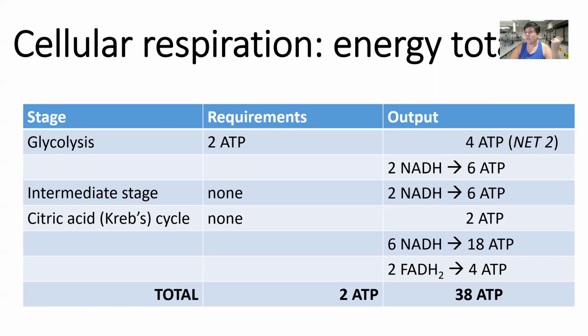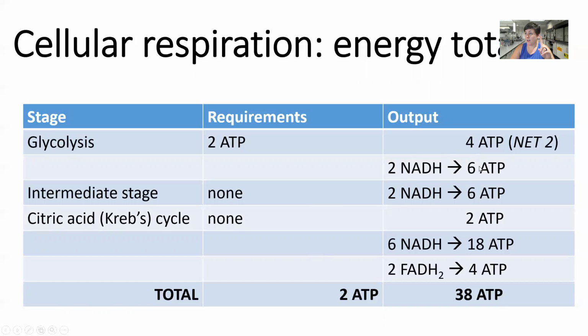During glycolysis, we also break 2 bonds, release 2 electrons, and therefore generate 2 NADH. Because every 1 NADH will pump 3 hydrogens across a membrane, and every 1 hydrogen equals 1 ATP, we can calculate that if we get 2 NADH, we're going to get 6 ATP.